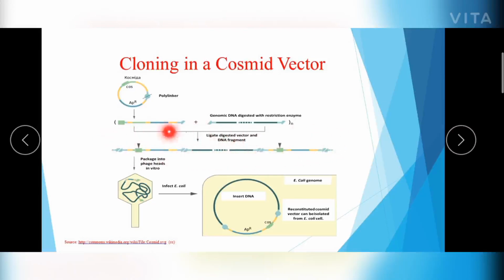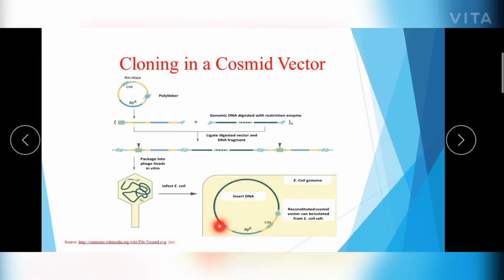Later, this recombinant Cosmid vector containing the DNA insert is packed into the phage particle, and these phages are used to infect the E. coli cell. So the Cosmid infects like a phage, and once this particular phage injects the DNA, it circularizes, because due to the presence of the cohesive ends, it becomes the cos site and the circular DNA molecule is formed.